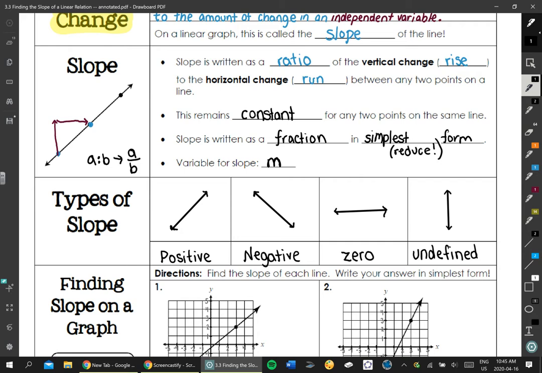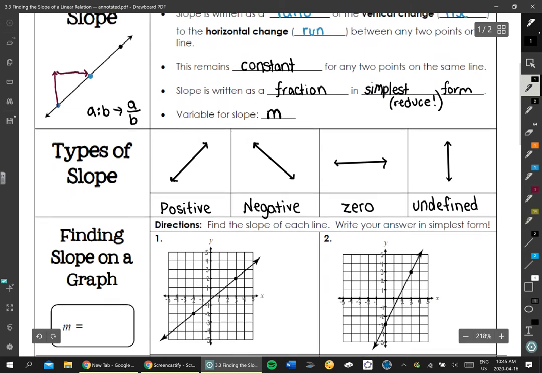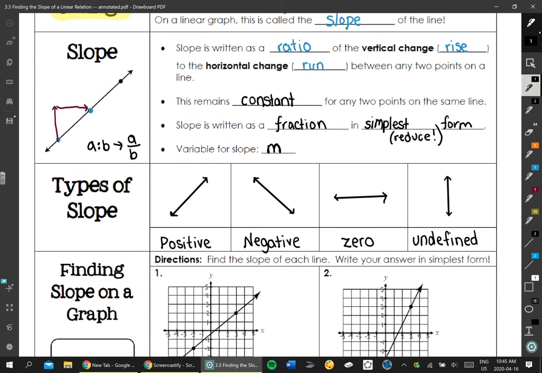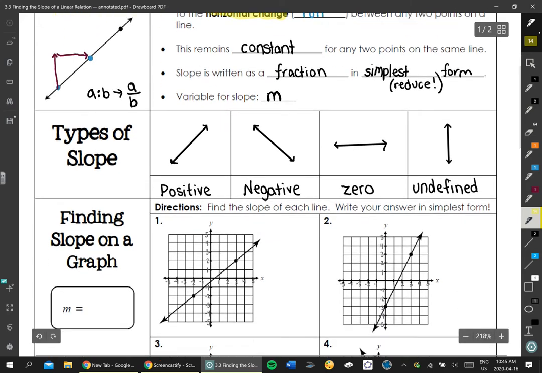Remembering that slope is a ratio of the vertical rise change to the horizontal change, we can write m, remember m represents slope, as the rise over the run.